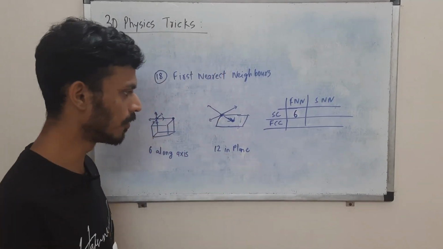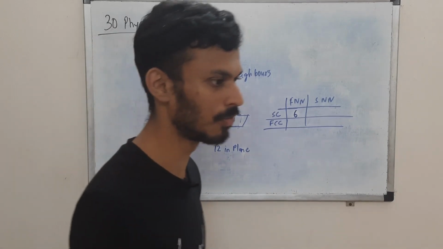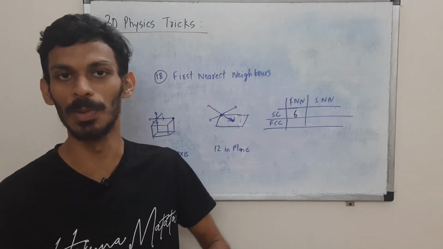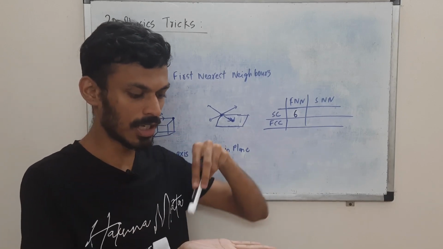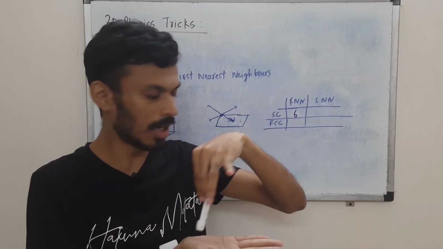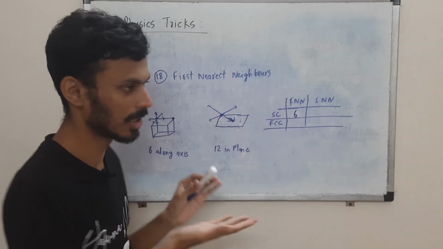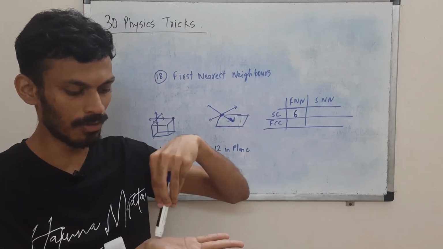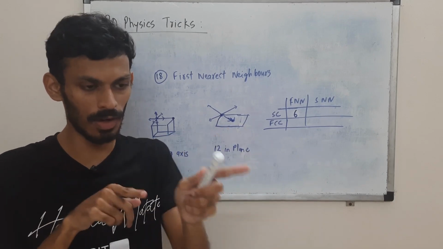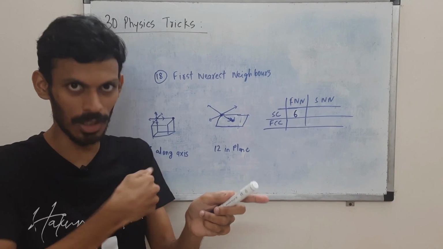So if we come to the case where you find the first nearest neighbor in a plane, for example for face centered cubic, you'll have the first nearest neighbor in a plane, along the face, in that face, so here and here, somewhat like this. So in this plane, what will be the first nearest neighbors? 1, 2, 3, 4 in a plane.